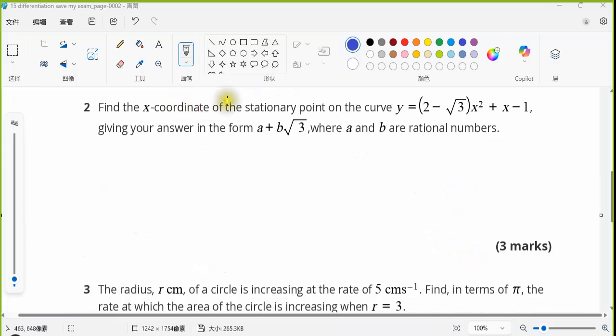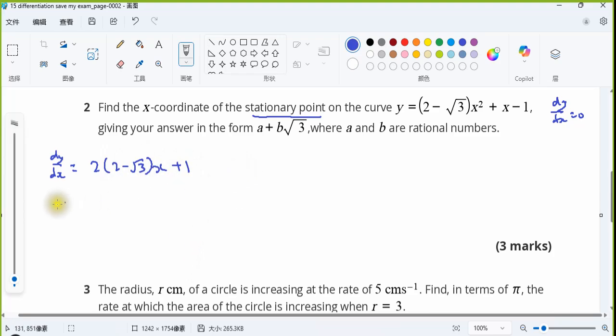Find the x coordinate of the stationary point. So stationary point is when dy/dx equals 0. So we find the first derivative dy/dx is 2 minus square root of x plus 1.